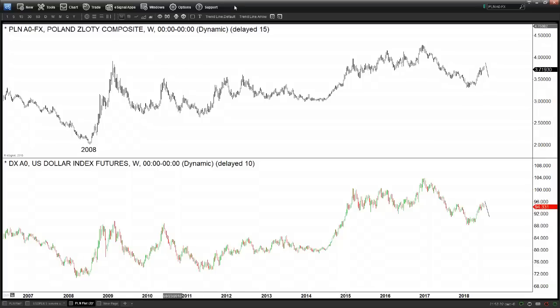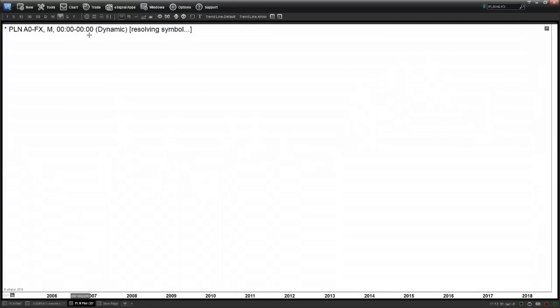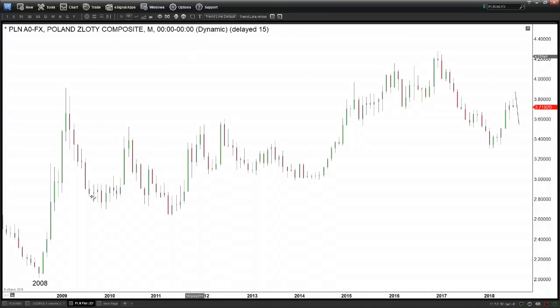But if you draw a trend line in PLN, and let me just look at the PLN now and go to the monthly chart. If you look at this monthly chart, and you try to draw the trend line from 2008, something like this, more or less.